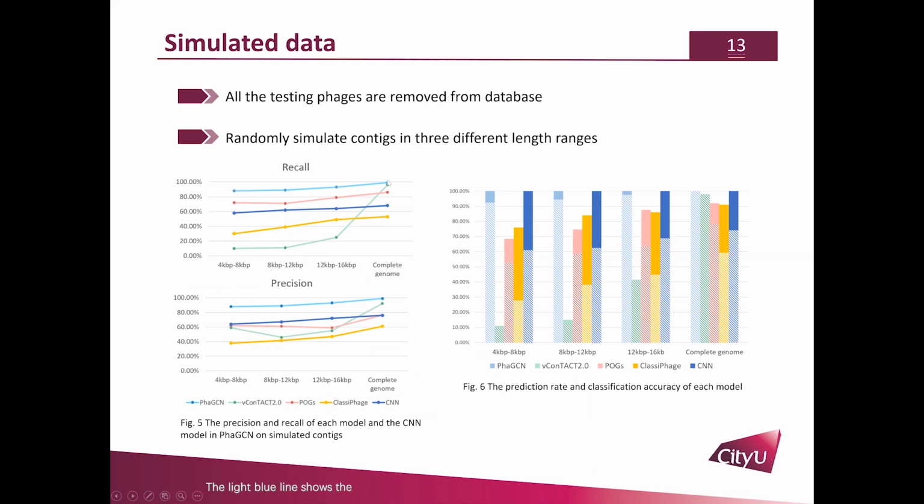The light blue line shows the result of the phage GCN, which is much better than other tools. Also in figure 6, the total bar shows the prediction rate, and the bar with texture shows the accuracy. In this figure, phage GCN also achieved the best results across different length ranges.